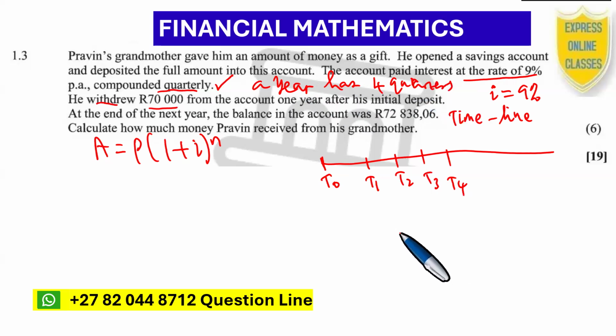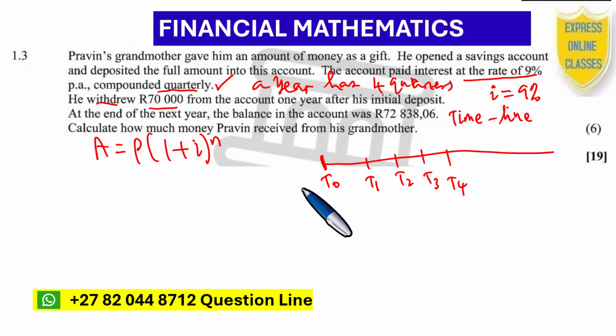You can divide every year into 4 equal segments, into 4 groups of 3 months each.